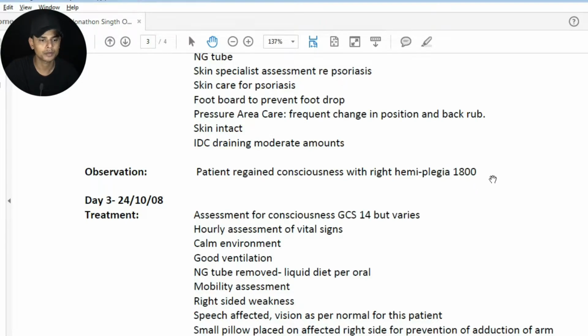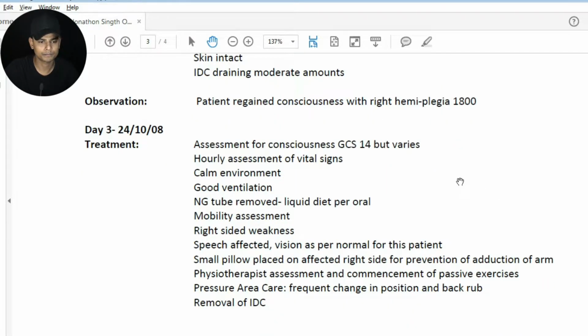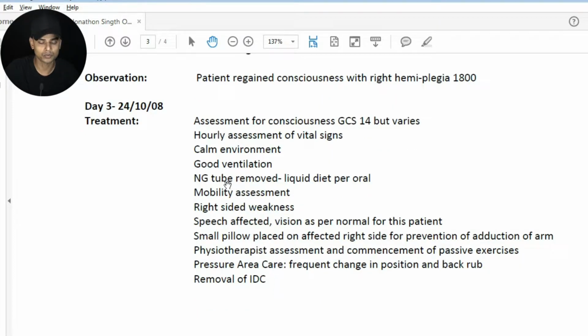On day 3, you can see that almost similar information is given, but NG tube was removed. He was commenced on liquid diet, oral liquid diet. Mobility was assessed. Right-sided weakness he has.